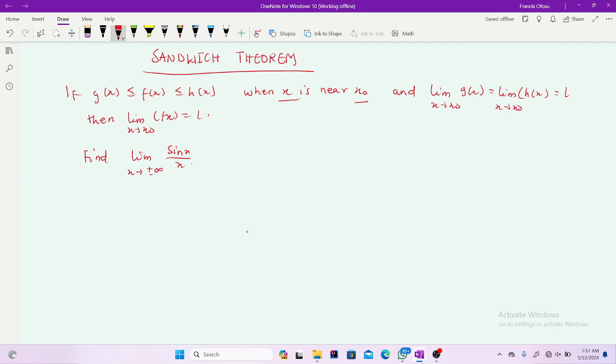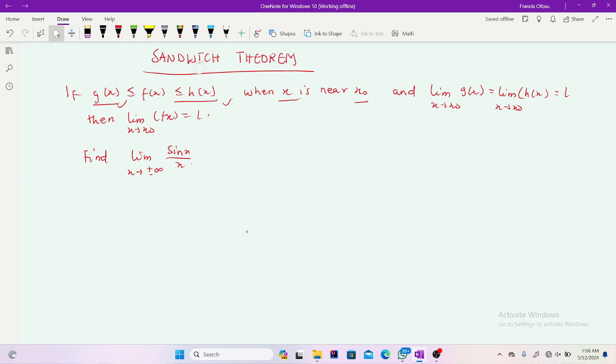So we are talking about the endpoints. The condition is if you have a function f of x in between two functions g of x and h of x, where the limits of h of x and g of x are the same, and they are equal to L, then the limit of f of x as x approaches the same x naught will also be equal to L. That's what they are saying.